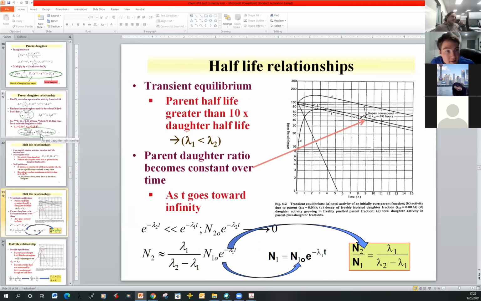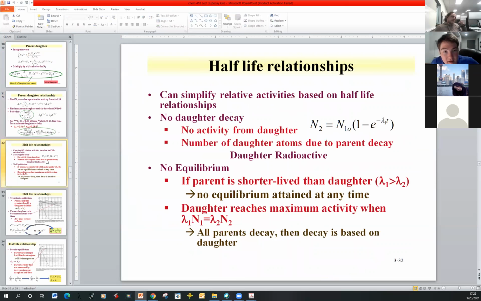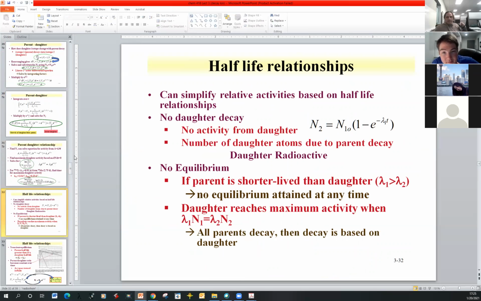All right, so going back to this slide here, we do have that relationship. Once we have the decay of the parent, if it occurs super quickly, it might take a while for the daughter, especially if it has a comparatively longer half-life.